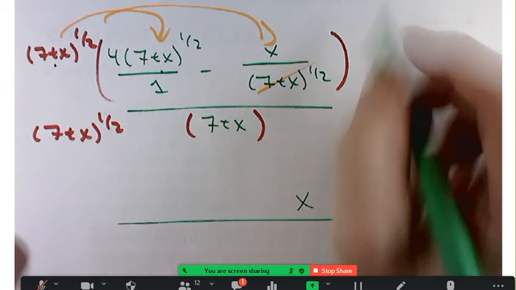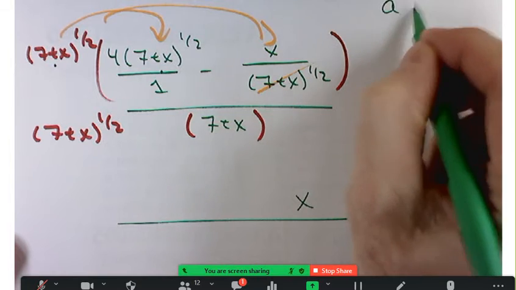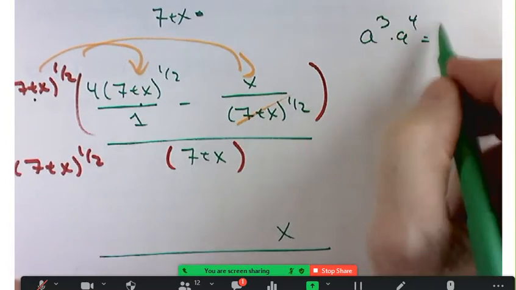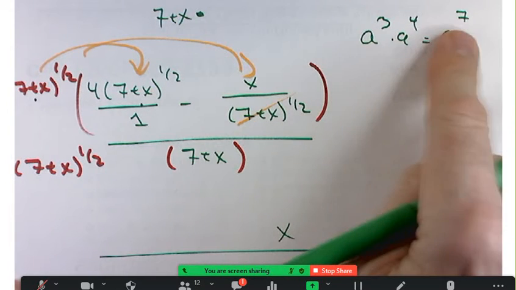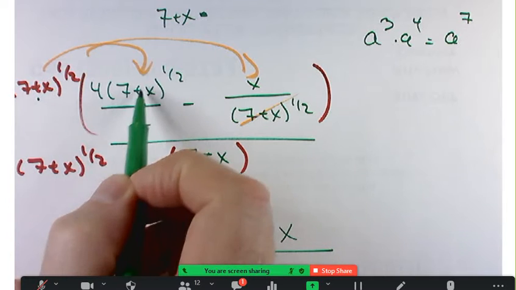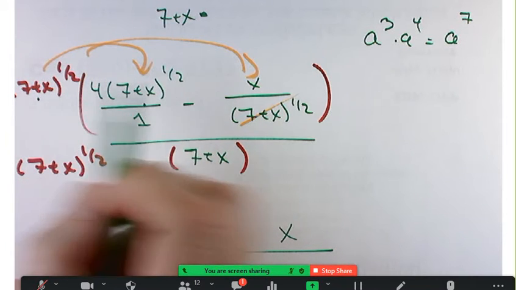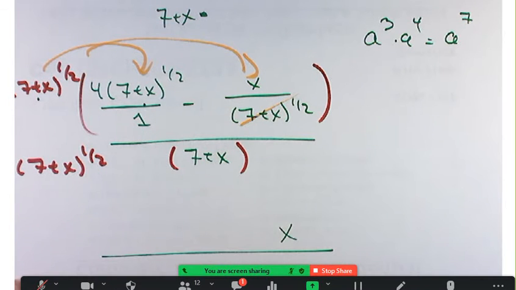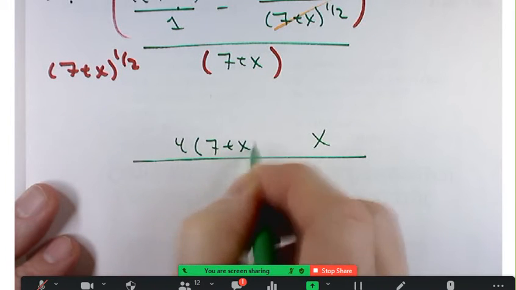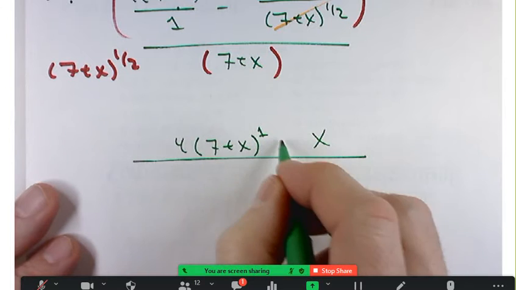And how about this times this? Well, when you multiply things with the same base, like a to the 3rd times a to the 4th, you don't get a to the 28th, you get a to the 7th, right? Because you add the exponents. Same thing's going to happen here. If you add the exponents, what's 1/2 plus 1/2? 1. So I get 4 times 7 plus x to the 1st power minus this.